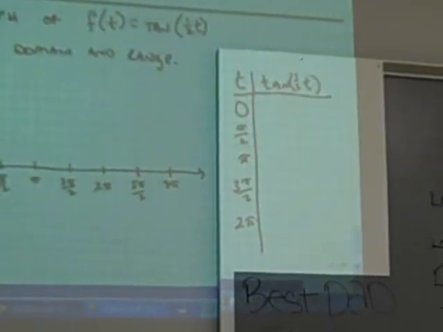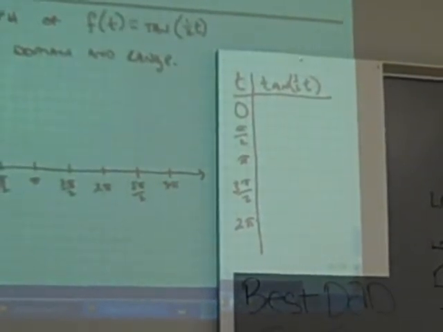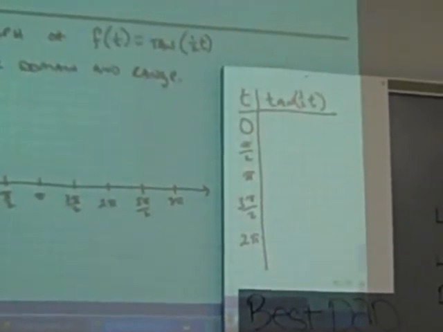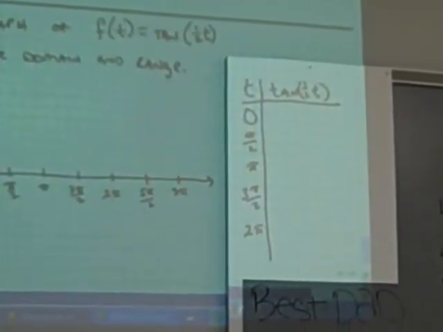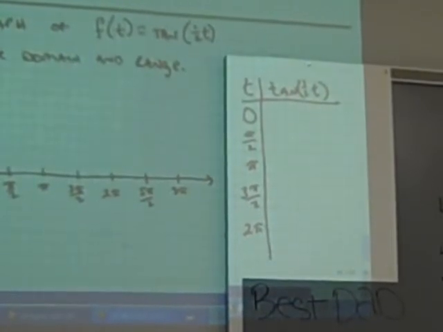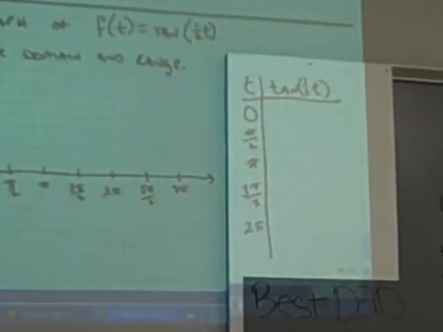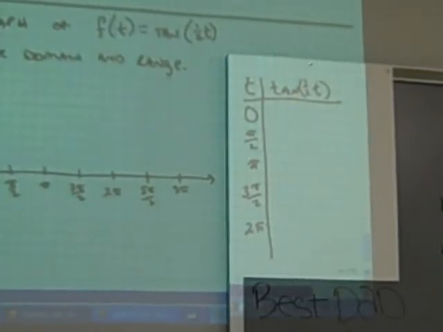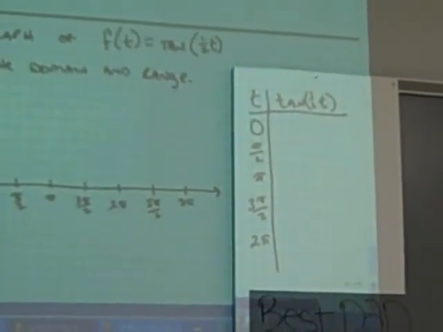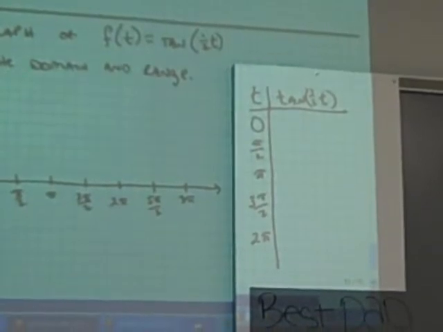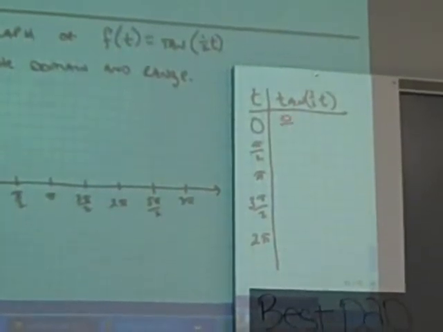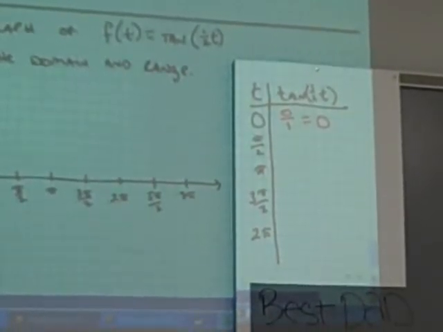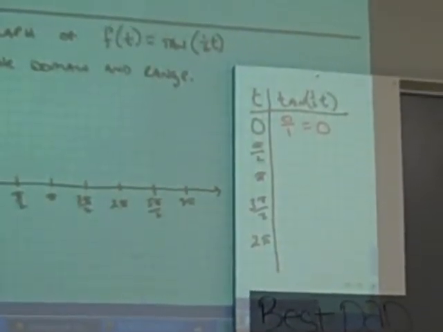How do I get tangent? Sine over cosine. So the tangent of 0 is the sine of 0 divided by the cosine of 0, which is 0 over 1, which is just 0. That tells me the point 0, 0 is on the graph.